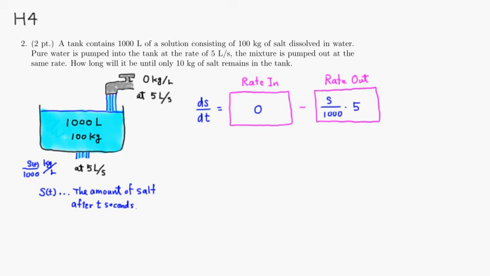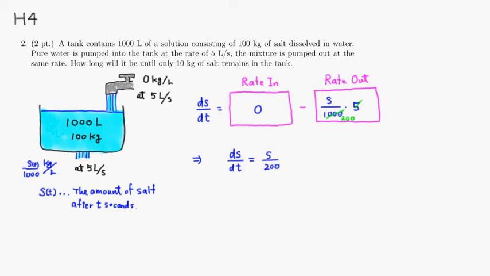We can simplify a bit. The 5 and 1,000 cancel out, so that will be 200 here. So if you clean it up, you have the equation ds over dt equals negative S over 200.